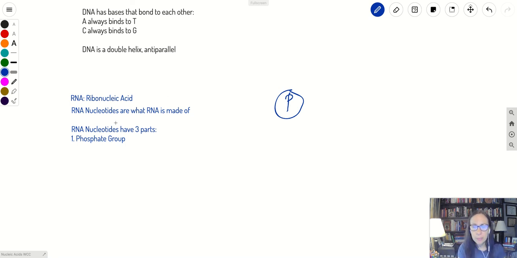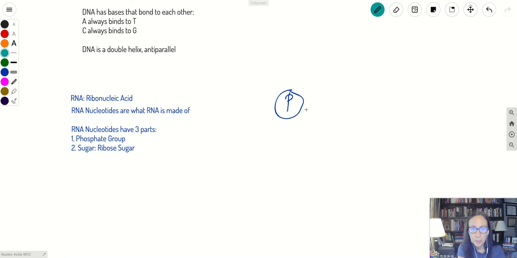Then the second part of the RNA nucleotide is the sugar, just like in DNA. However, the sugar is different. It is called a ribose sugar. It looks very similar to the deoxyribose. I'm going to draw it here, and then I'm going to show you an actual picture of it.